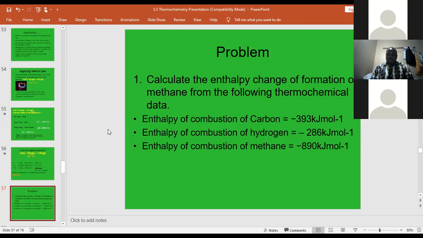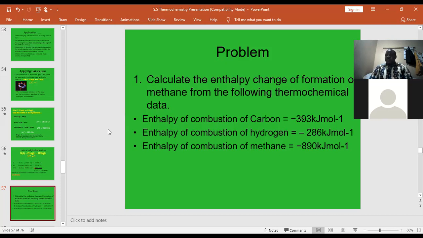Okay, now, the question is asking us to get the enthalpy change for the formation of methane, but you are given thermochemical data. The data we are given is the enthalpy of combustion of carbon, the enthalpy of combustion of hydrogen, and the enthalpy of combustion of methane. But we need to know which equation we have.